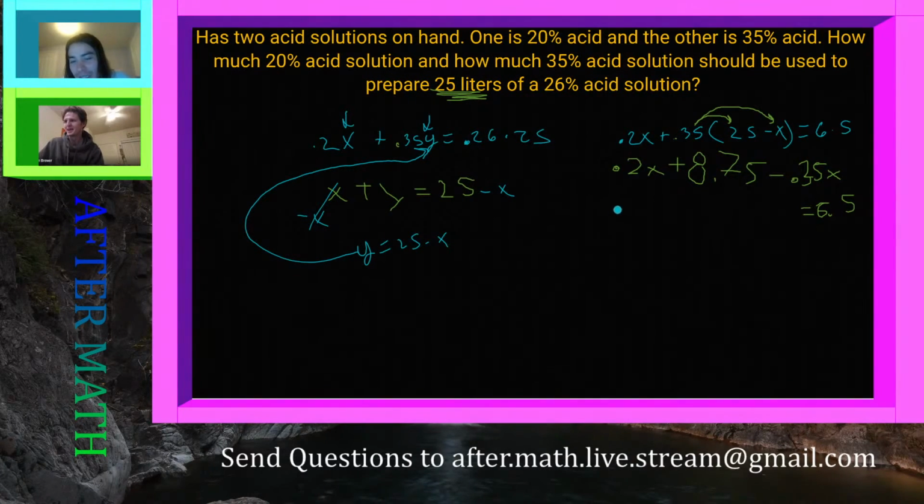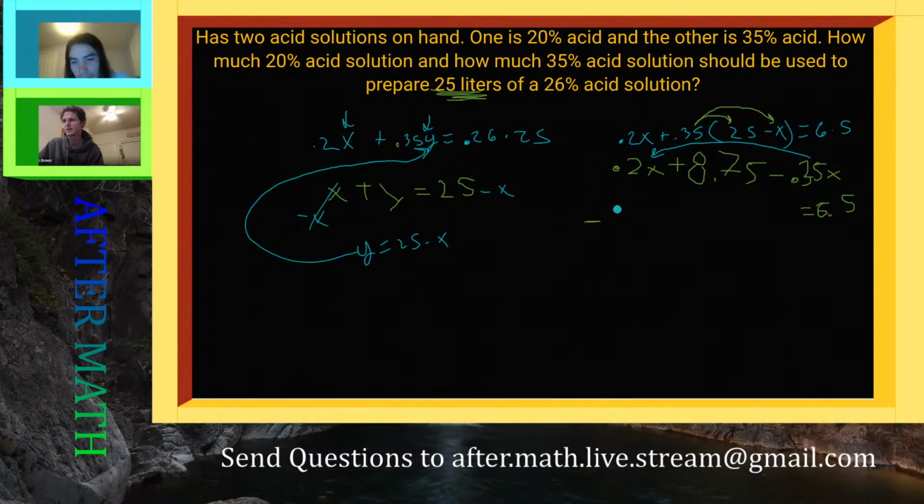So then we want to again combine like terms. We'll do it one at a time this time. So we got 0.2 minus 0.35, is that right?